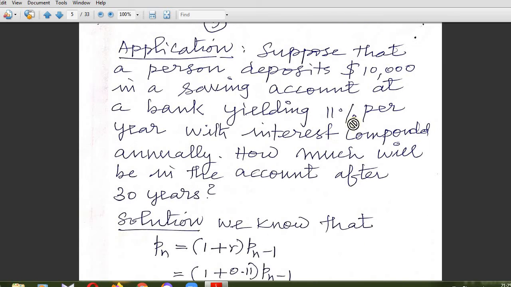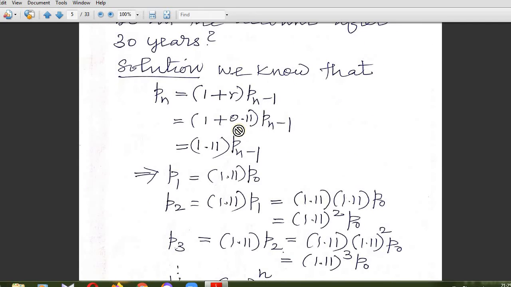Now the interest given here is 11%, so 11% means 0.11. So Pn equals (1 + 0.11) into Pn-1, the amount in the previous year. This is the amount in the nth year.